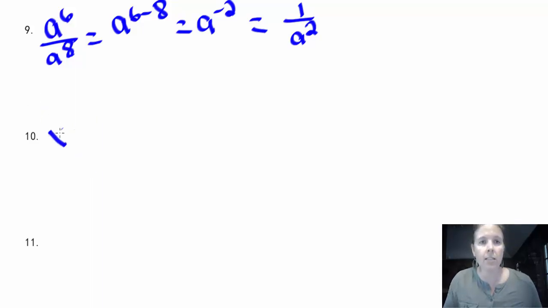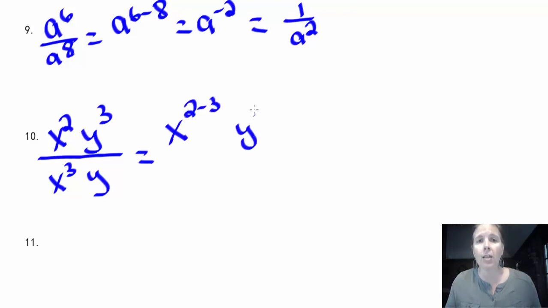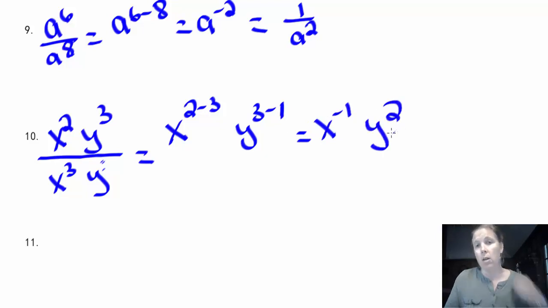If we have x squared y cubed over x cubed y, again, I'm going to use the rule. So x to the 2 minus 3, y to the 3 minus, remember this is really a 1 right here, 3 minus 1. So this is going to give us x to the negative 1, y squared. Did I say that right?